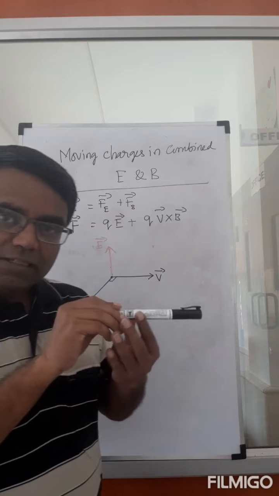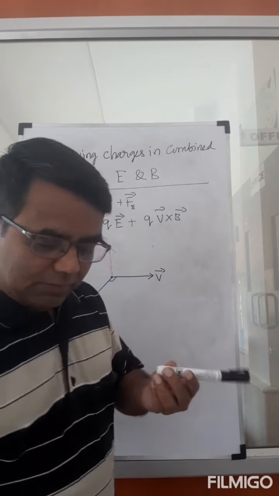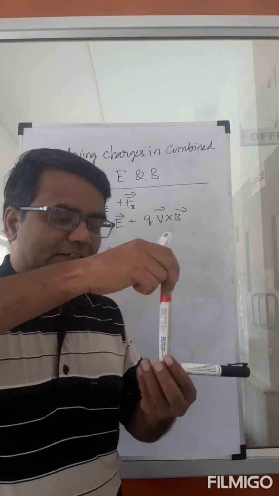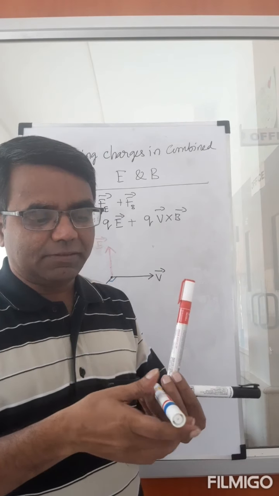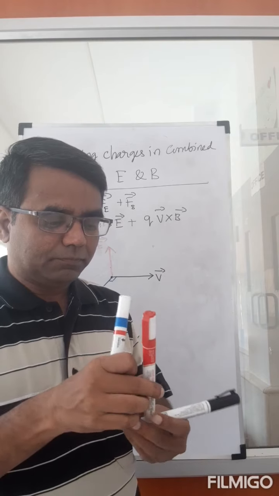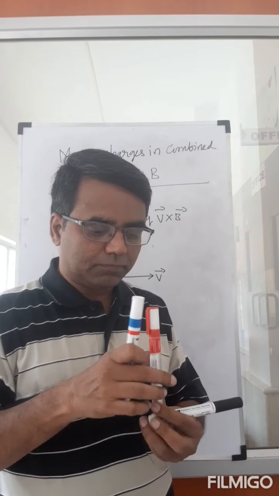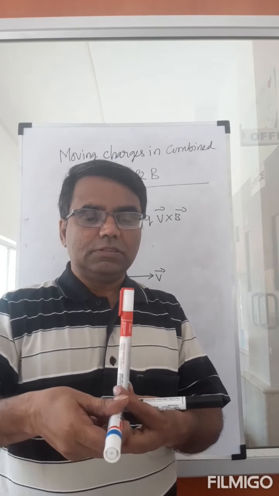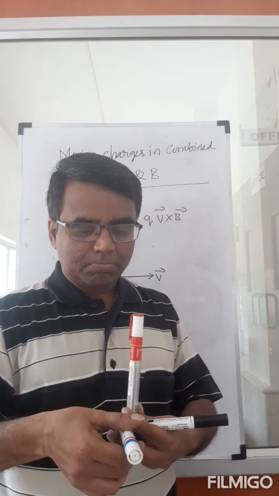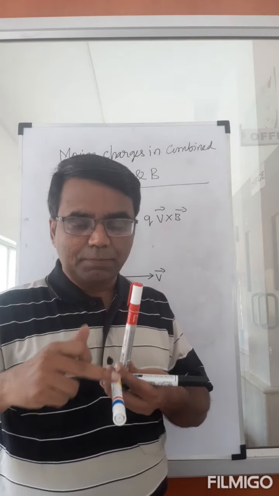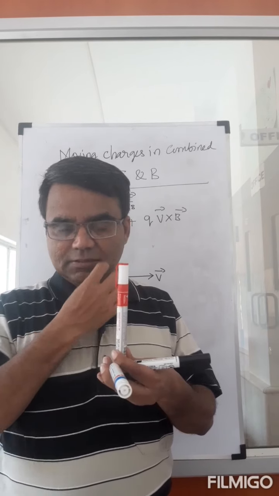Let's say this is my V, this is my E, and this is my B. So this is how it is. So what will happen now? V is in this direction, B is in this direction, and E is in this direction. Then what is going to happen now?